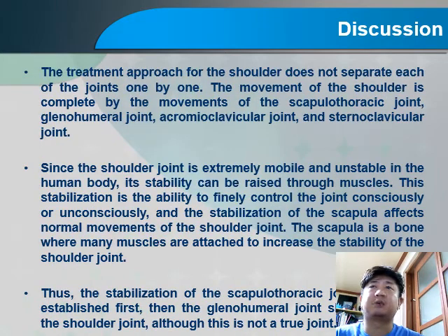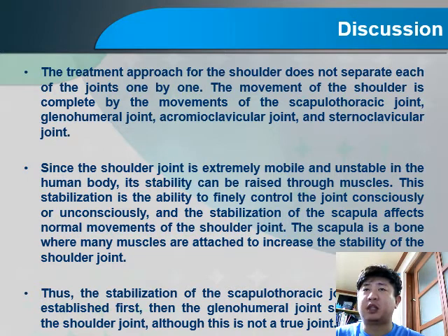The treatment approach for the shoulder does not separate each of the joints one by one. The movement of the shoulder is completed by the movement of the scapulothoracic joint, glenohumeral joint, acromioclavicular joint, and sternoclavicular joint. Since the shoulder joint is extremely mobile and unstable in the human body, stability can be raised through muscle.